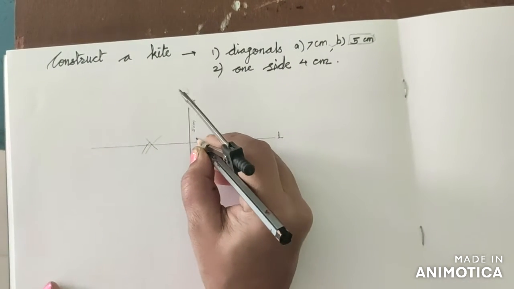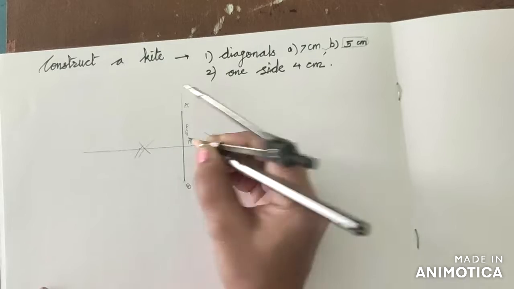And the crossing point, the middle point, we call it M.